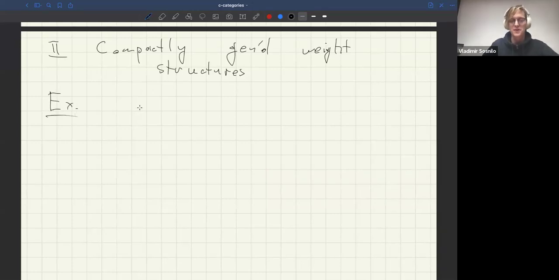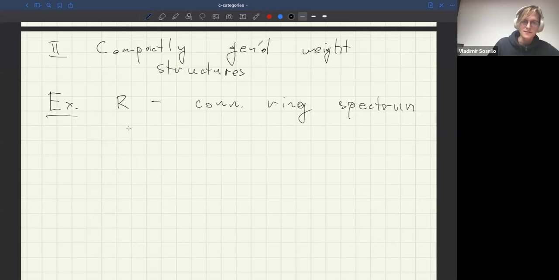How does this structure that I mentioned actually work? So assume you have R, a connective ring spectrum. Then I can define Perf R greater or equal than 0 to be the class of connective perfect complexes.